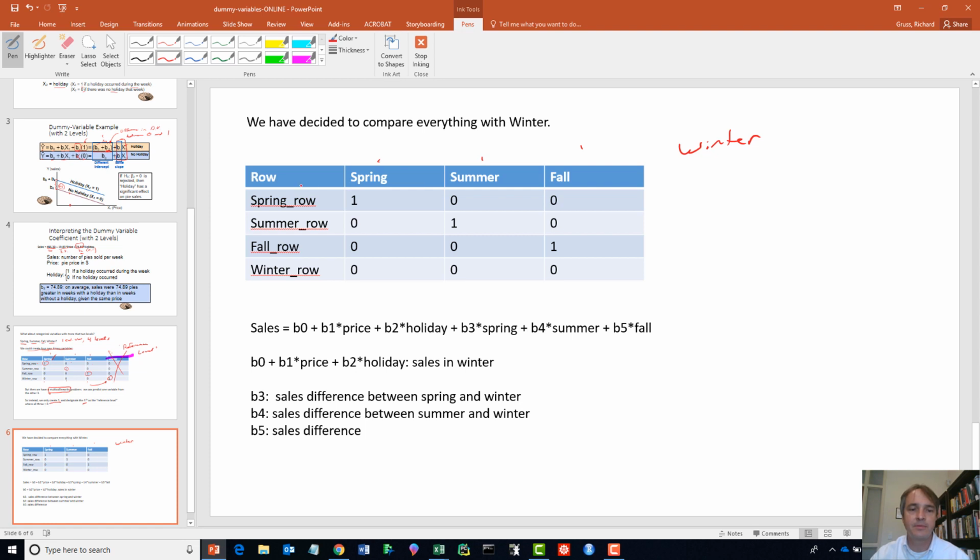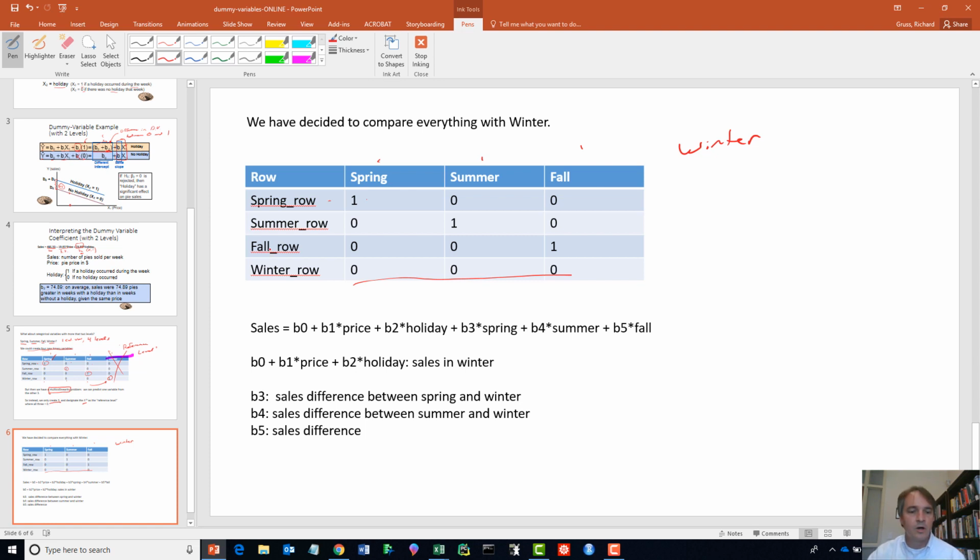For example, like before, the spring row is going to have a 1 here and zeros here. Summer will have a 1 here and zeros here. The fall row has a 1 here and zeros here. But this time the winter row is going to have zeros in all of them. So if it's not spring, not summer, and not fall, then we say this is winter.